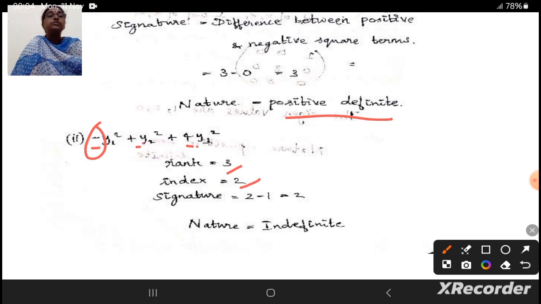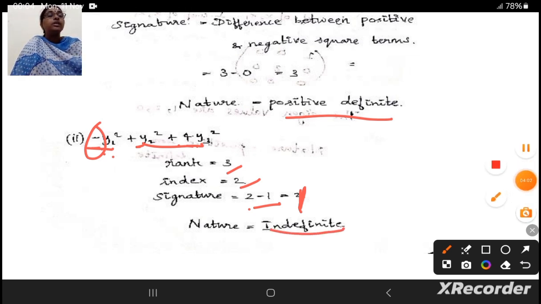Signature means number of positive terms minus number of negative terms. Positive terms are 2 and negative term is 1, so 2 minus 1 is 1. And one more thing: the first value is negative, the second value is positive and the third value is positive, so positive and negative together. So we can fix this as indefinite.